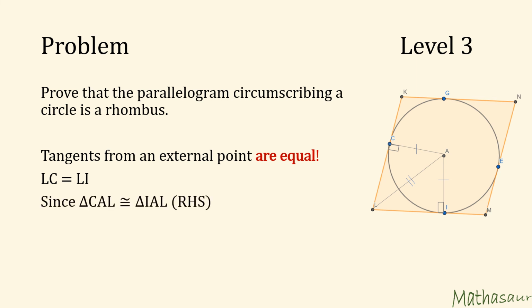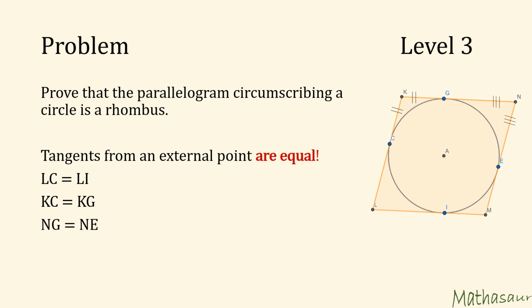Hence, triangle CAL is congruent to triangle IAL. This confirms that the tangents from an external point LC and LI are equal. Now let us extend this result for the other tangents as well. We can see that KC is equal to KG, NG is equal to NE, and ME is equal to MI.